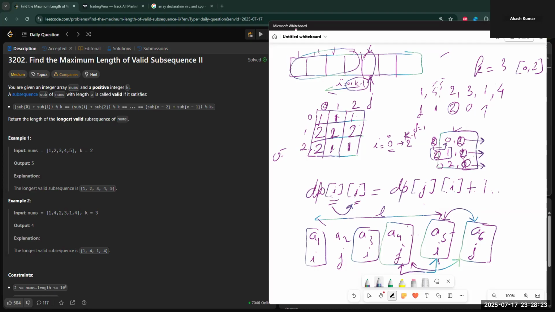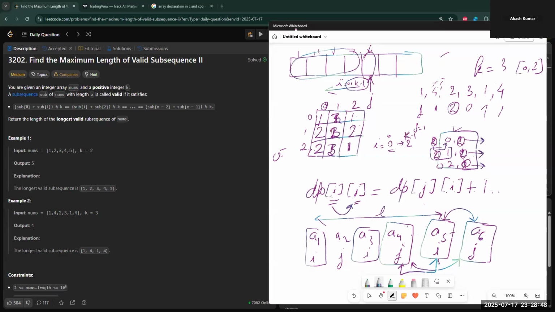We have to fill 1 0; it will become plus 3. Then 1 1 is 3, and 2 1 would be plus 1, and 1 2, that is 3, becomes 3.